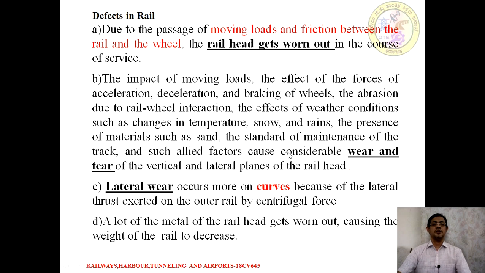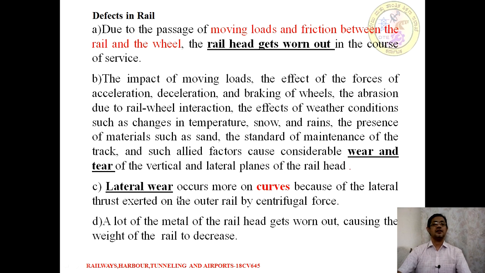Also the standard of track maintenance is a factor for the wear and tear. So that is the type of defect in a rail, in the vertical and lateral planes of the rail head.